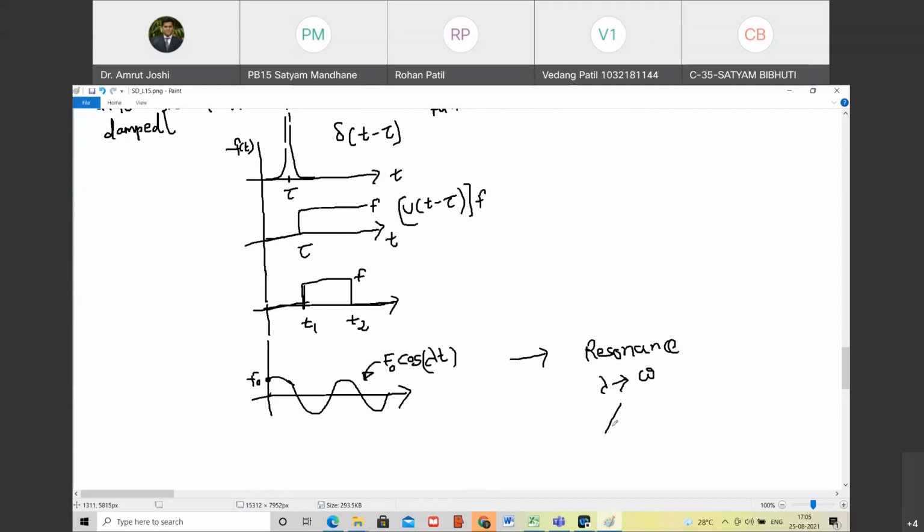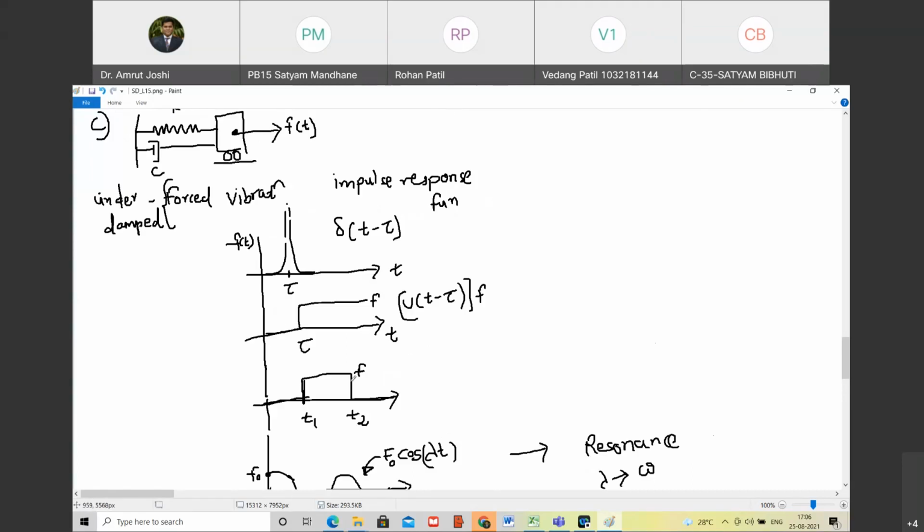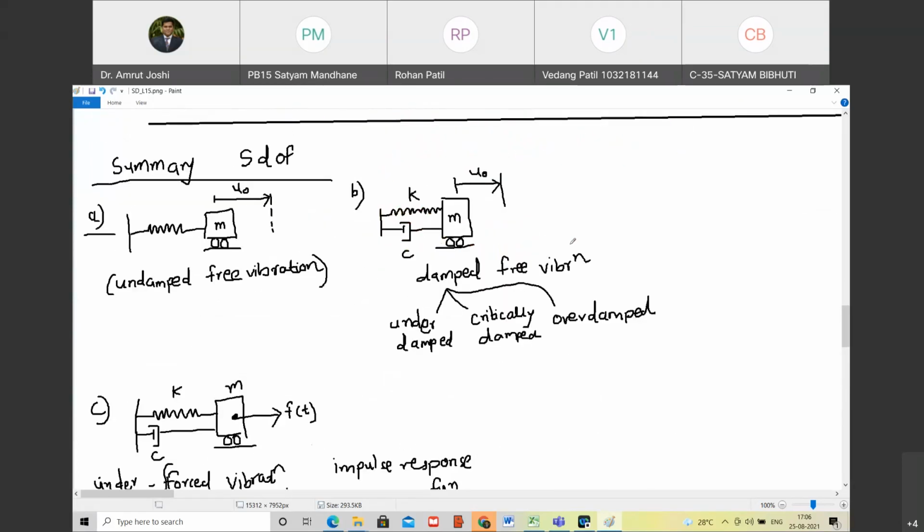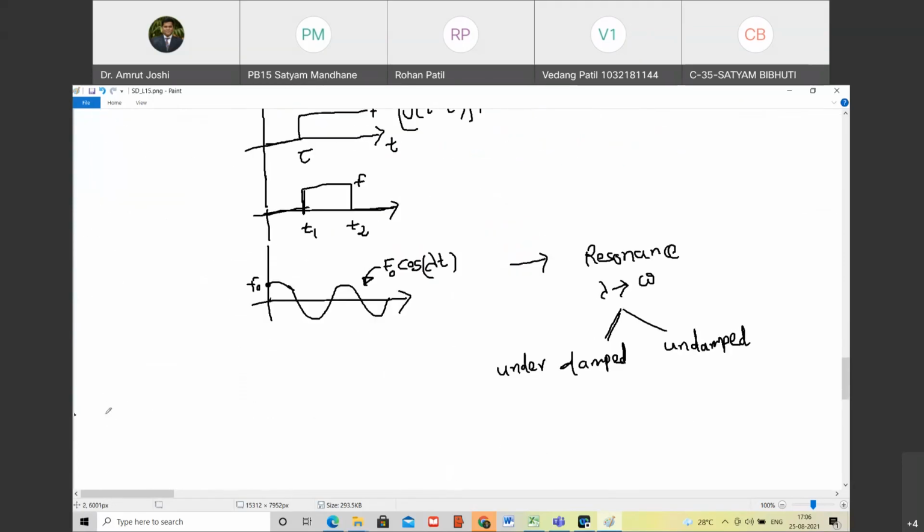In case of resonance we obtained the response of underdamped system as well as undamped system. So we saw that at resonance, undamped system shows unbounded response, whereas underdamped system shows bounded response. These two things we did. So this in total is the summary of all the exercises that we have done in single degree of freedom system.